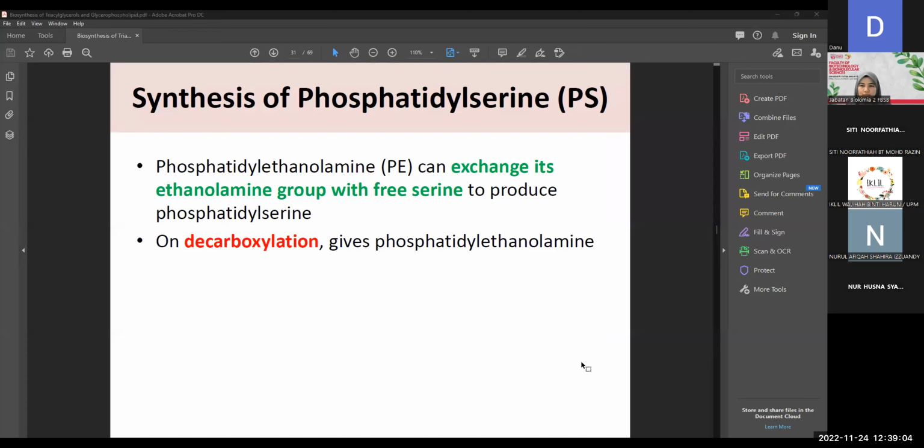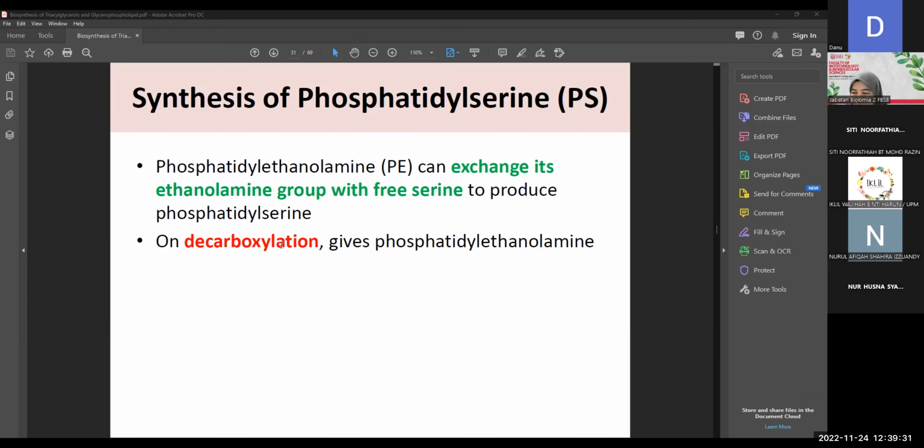Now let's look at how phosphatidylserine can be synthesized. Basically, it can be synthesized from phosphatidylethanolamine, which involves the exchange of the ethanolamine group with free serine. Simple. All right, to produce phosphatidylserine.